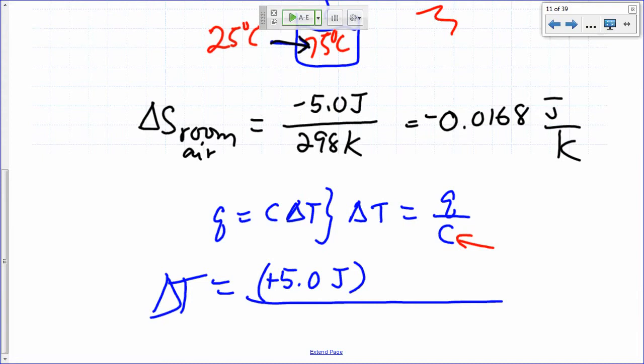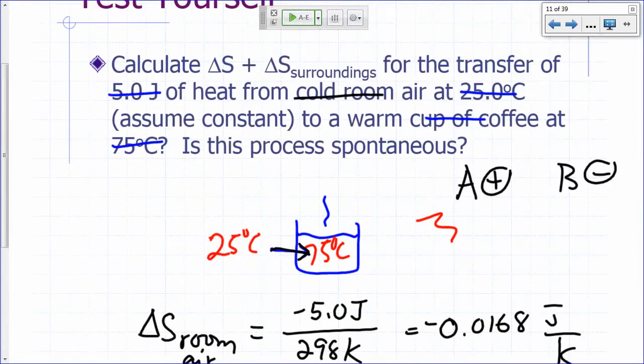What's C for the coffee? What's the specific heat of the coffee? 4.18 joules per Kelvin per gram. I did not tell you how many grams of coffee we have, but approximately how many grams is a cup of coffee? I'm just estimating here.